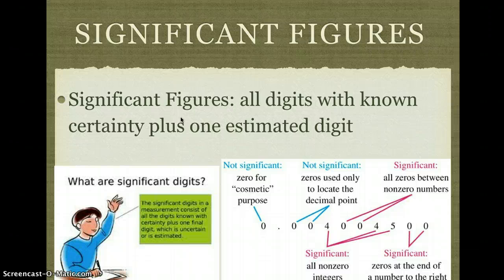It has a very detailed explanation for what figures are significant. So if we look here, they're showing the first 3 zeros not being significant, and they're showing all the rest of them being significant. And so there's reasons and rules for each of that. You should be able to look at this at the end of this chapter and easily identify that there are 7 significant digits in this number, or significant figures in this number.